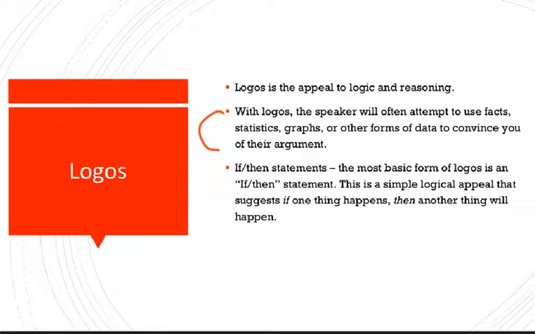So scientists would use this a lot if you're giving messages or speeches about certain issues. You might want to pull in data. Think about your research papers, right? Sometimes you want to have strong facts and data to support your answer. That's definitely using logos.